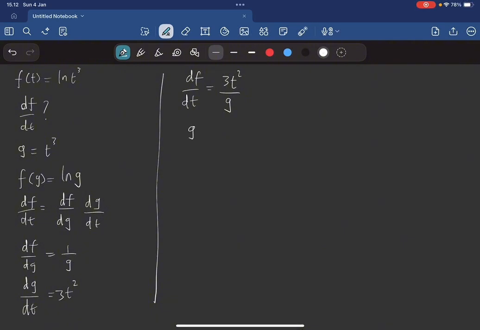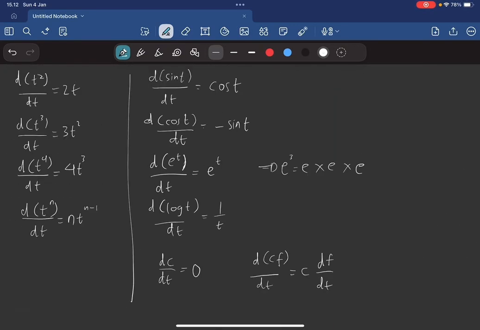I think I made a mistake here. This one is wrong.